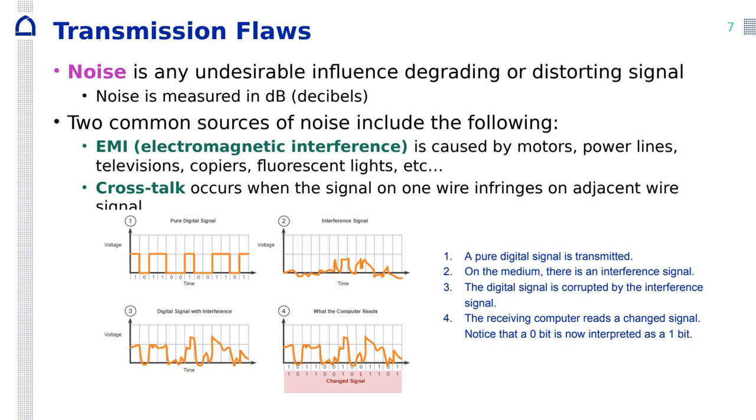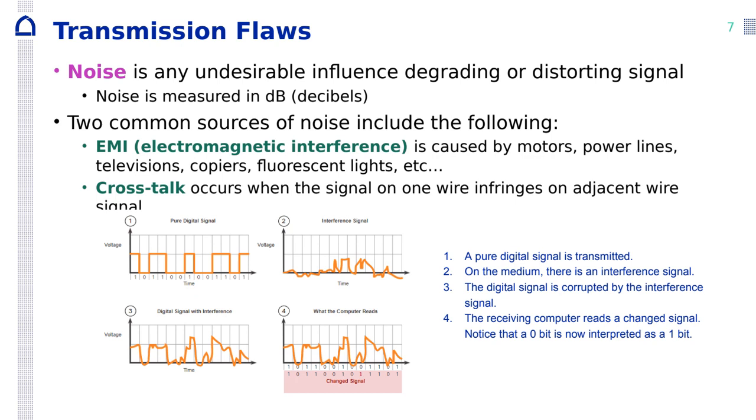Decibels is the unit of noise. We have two common sources of noise. EMI, electromagnetic interference, is caused by motors, power lines, television. If you come near high voltage, you will find some distortion in the radio signal. But please try to avoid being close to high voltage, okay?